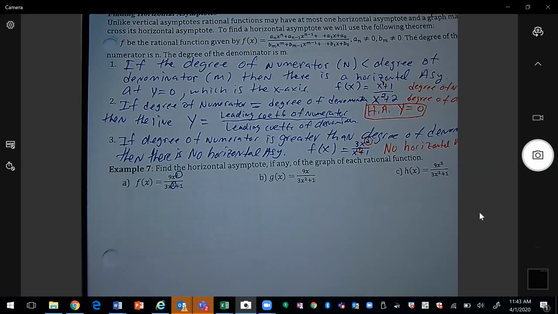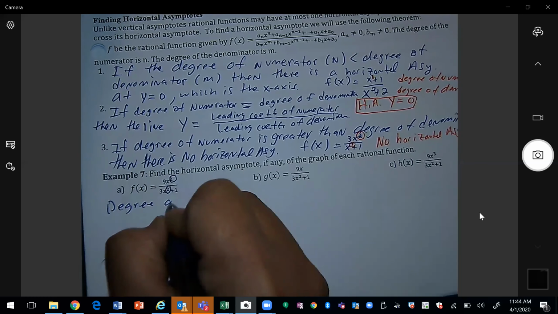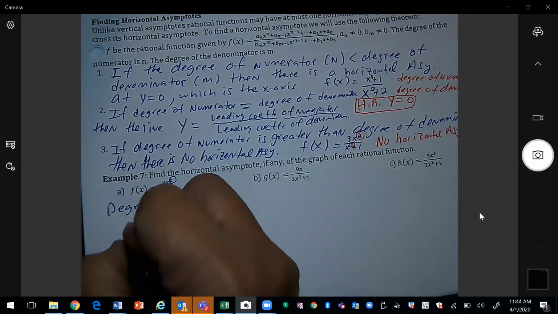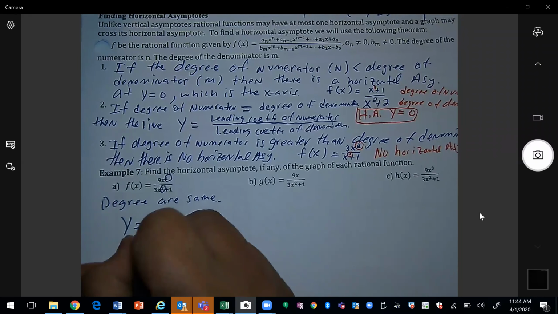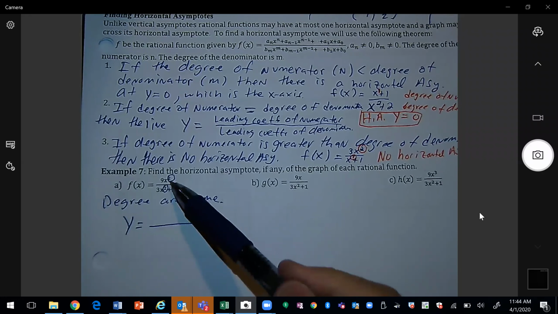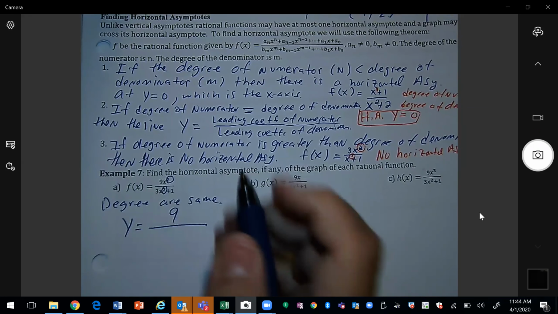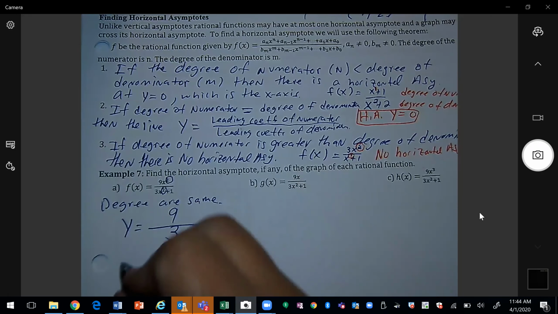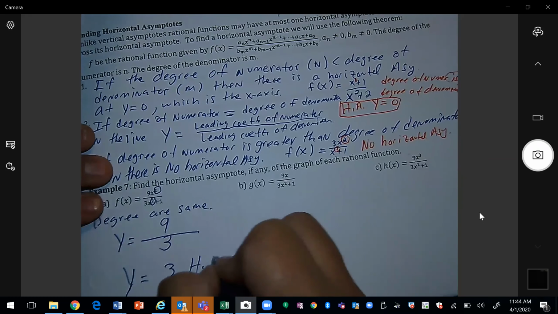So the degree of the numerator is 2, and the degree of the denominator is 2. So the degrees here are the same. So the horizontal asymptote would be y is equal to the leading coefficient of the numerator, in this case 9, divided by the leading coefficient of the denominator, in this case 3. And if I simplify this, we get y is equal to 3 as our horizontal asymptote.